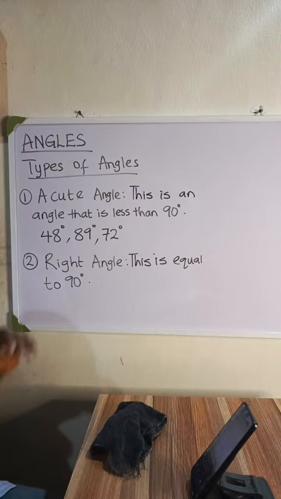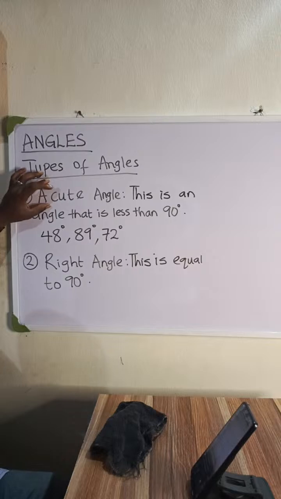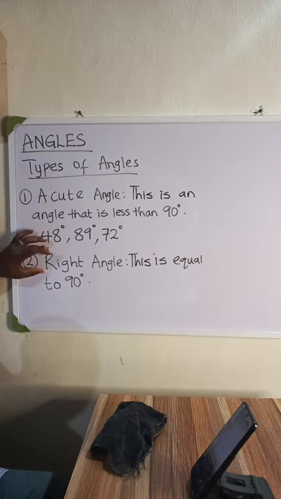So we are looking at types of angles. We've seen the acute angle, any angle that is less than 90 degrees, and the right angle, exactly 90 degrees.